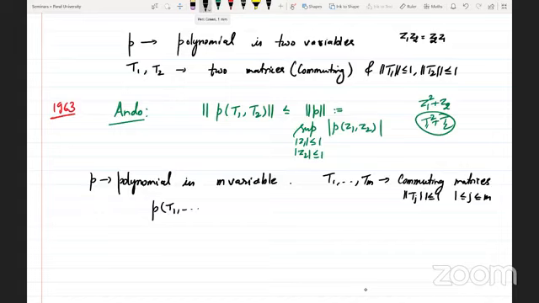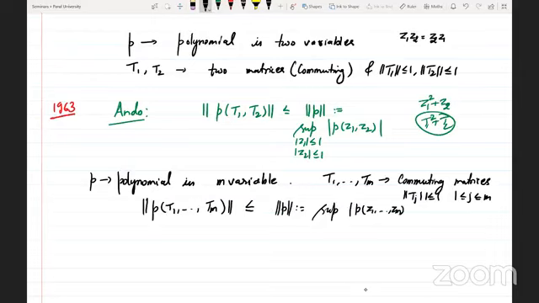And then you ask the following question, where once again the natural definition is used. Okay, so that's the question.